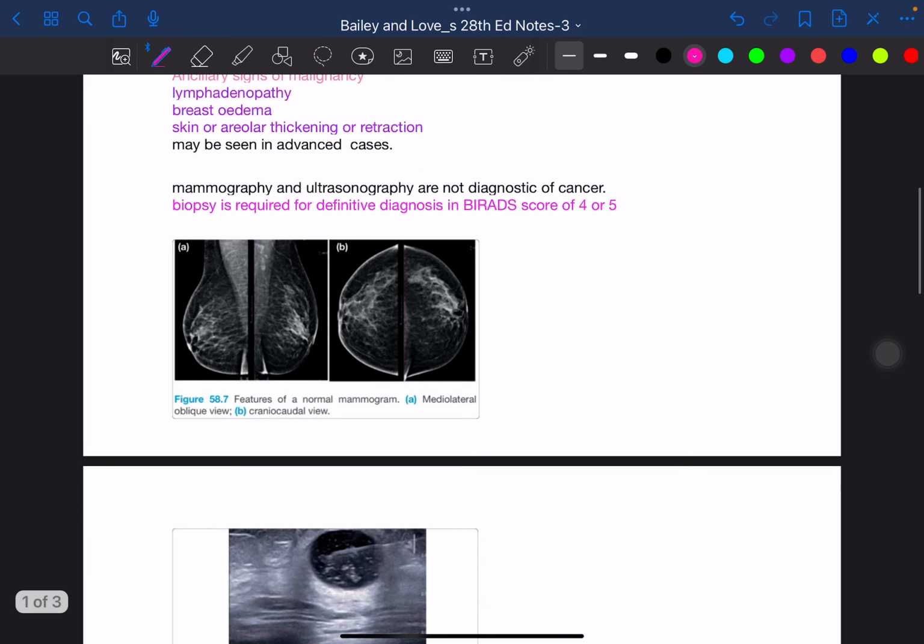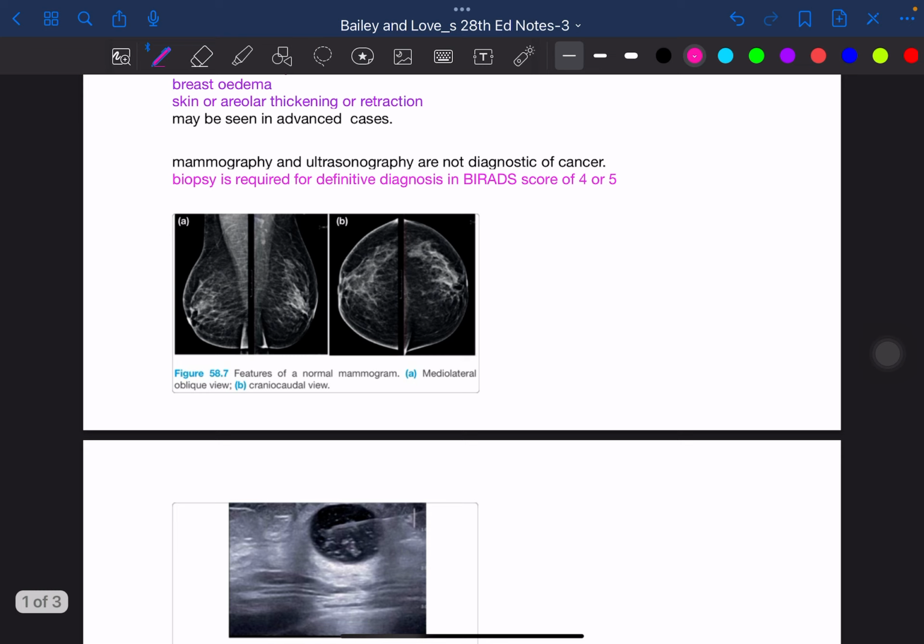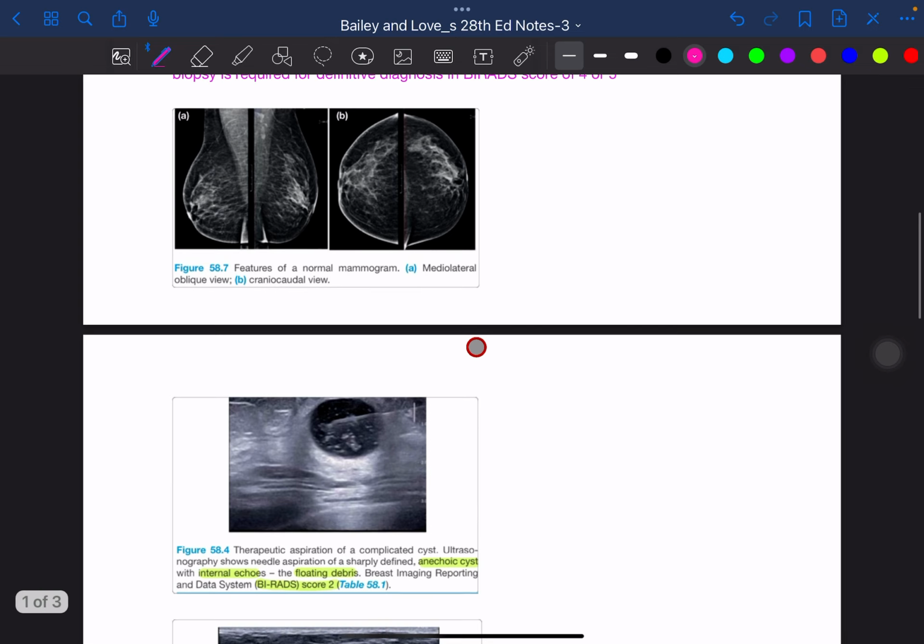So this is the two plane mammography. The first one is the mediolateral oblique view, and the second one is the craniocaudal view. Okay, so this is a normal mammogram.